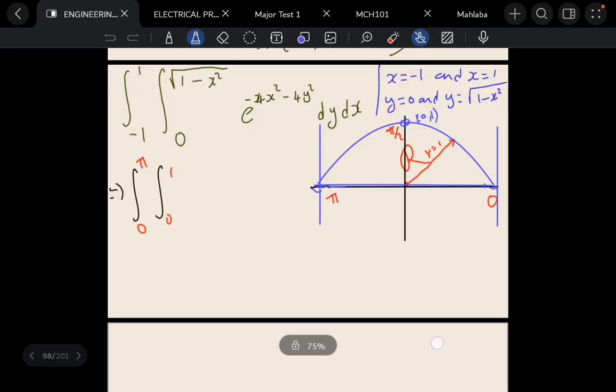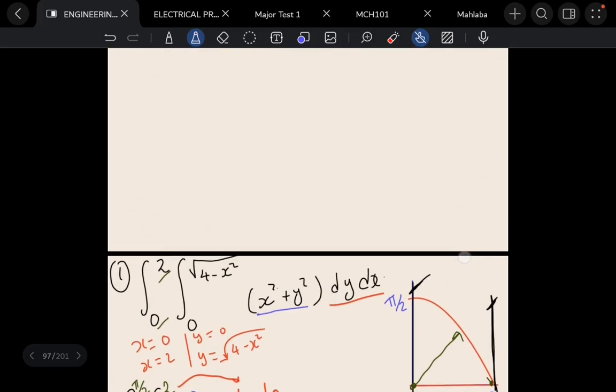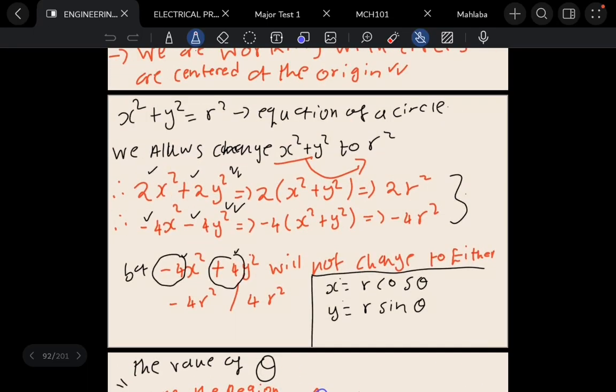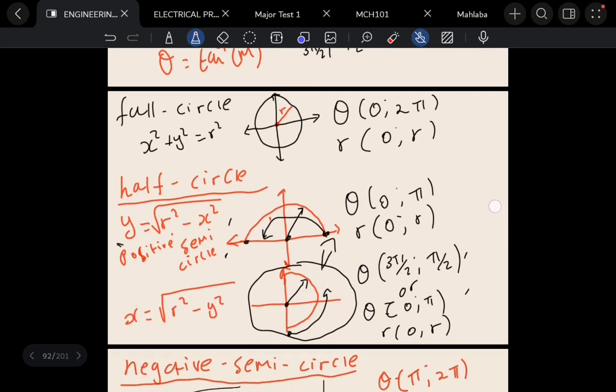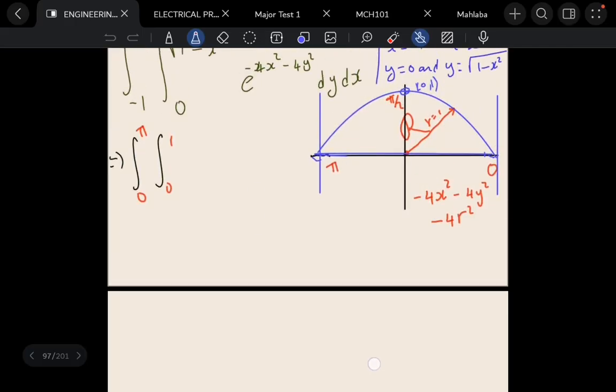Remember, now we have negative 4x squared minus 4y squared, and this is going to be negative 4r squared, because we factor out the negative 4 and have x squared plus y squared. So now I'm going to have e to the power negative 4r squared times r dr d theta.